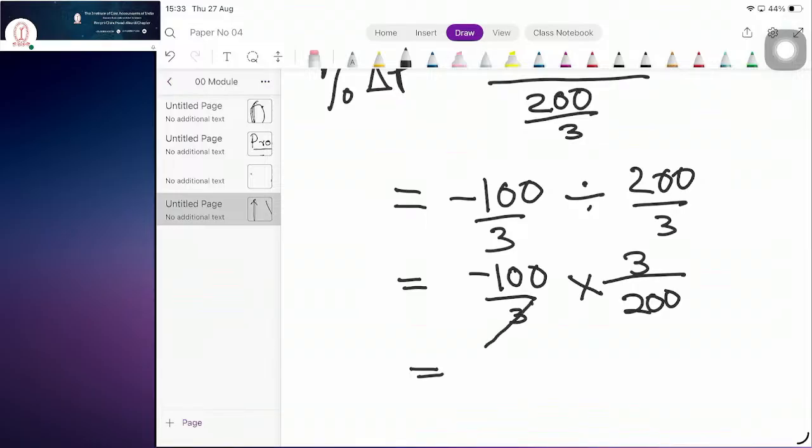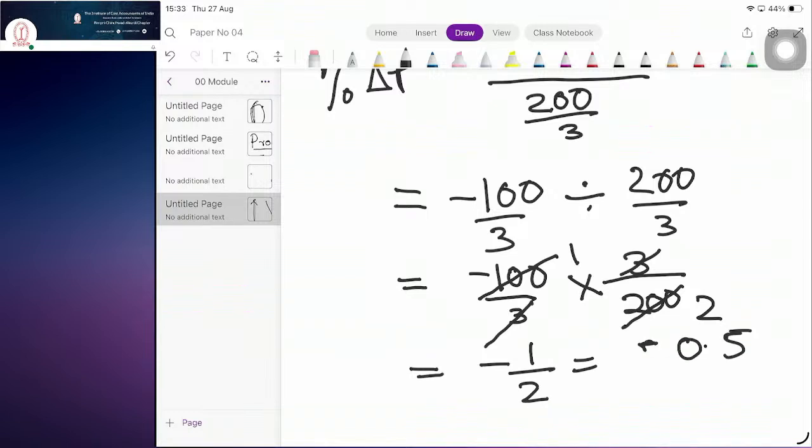3 and 3 will get cancelled. -100 ones are, 2s are. So this will be -half, which is -0.5.